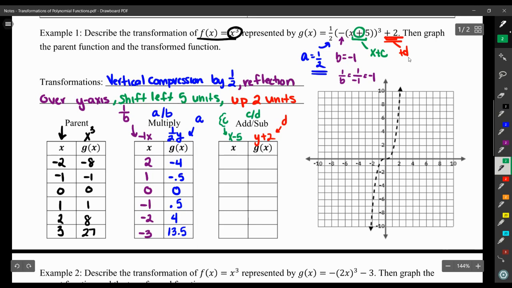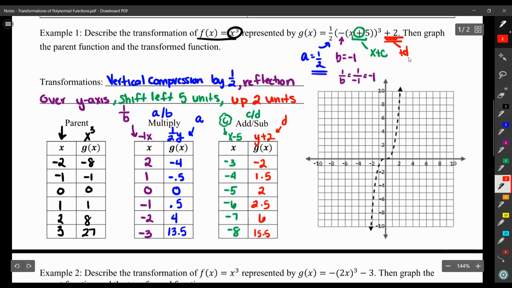So this is the one that's backwards that we have to be careful with. So all of your x's subtract 5. So 2 minus 5 is -3, 1 minus 5 is -4, 0 minus 5 is -5, -6, -7, and -8. On the y's, we're going to add 2 to all of our y's. So -2, 1.5, 2, 2.5, 6, and 15.5.